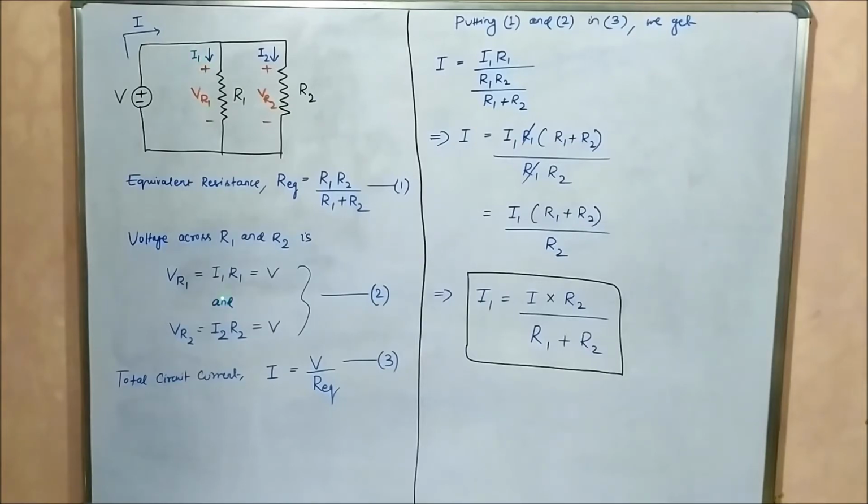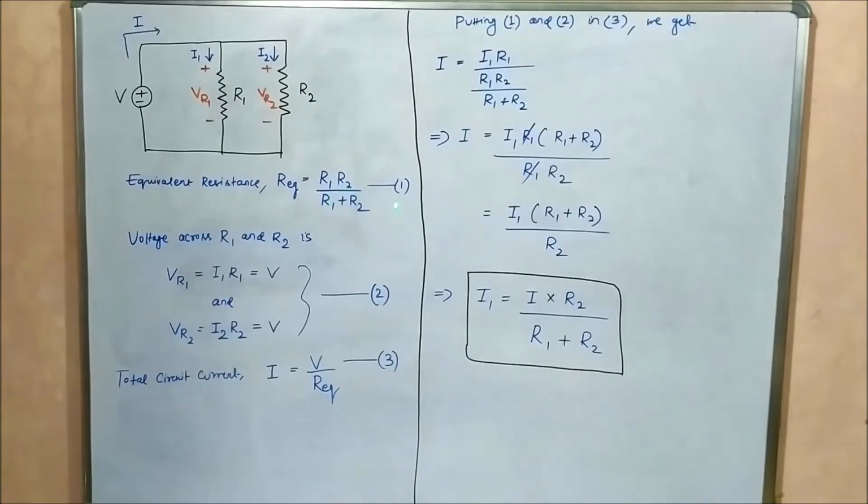That is, VR1 is I1 R1 and VR2 is I2 R2. Next, the total circuit current I is equal to the DC supply voltage V by the total resistance of the circuit, which is the equivalent resistance of the parallel combination of resistors.